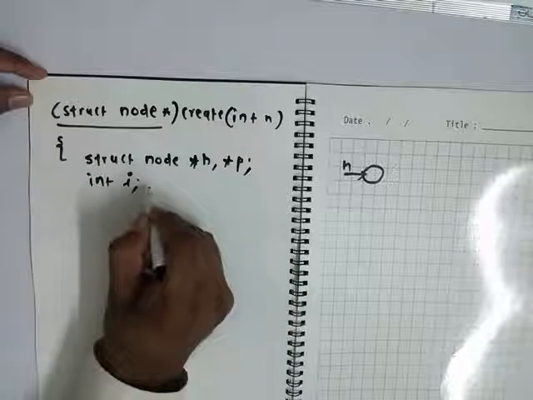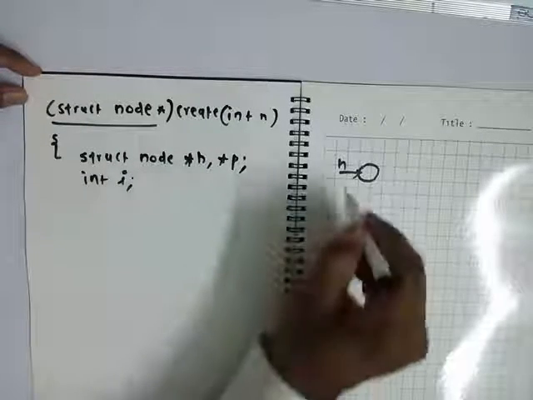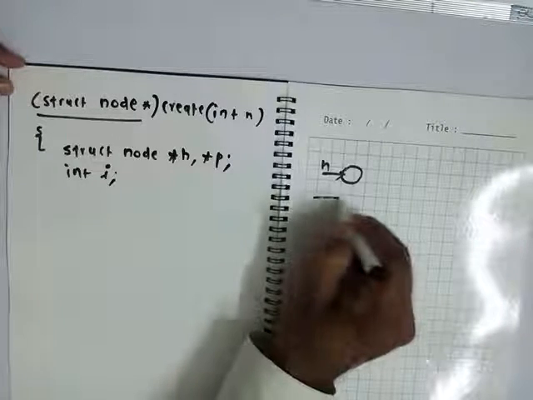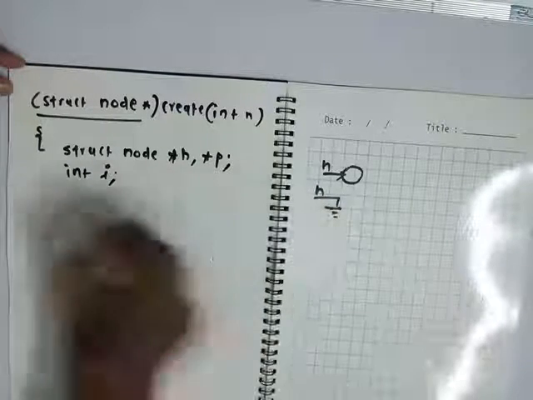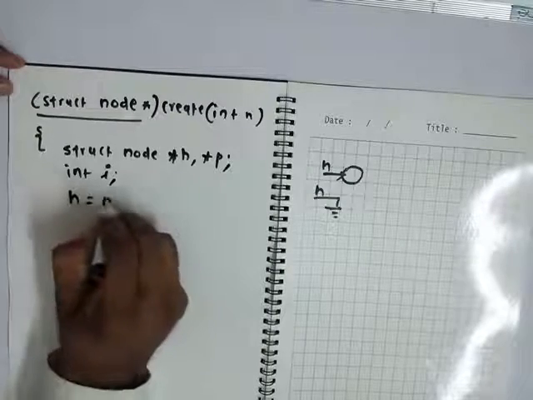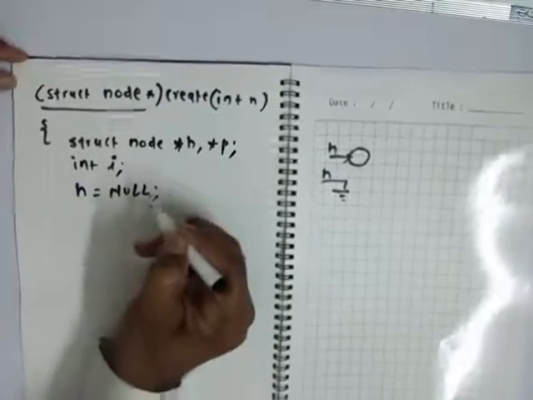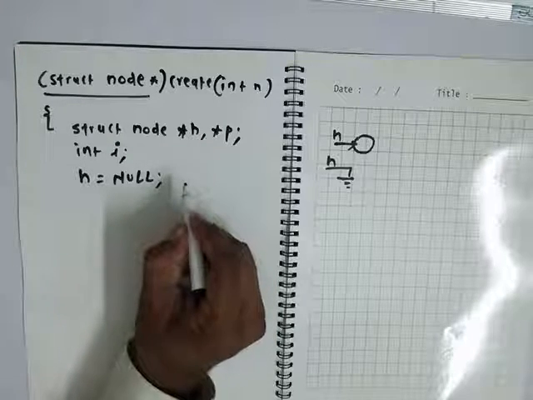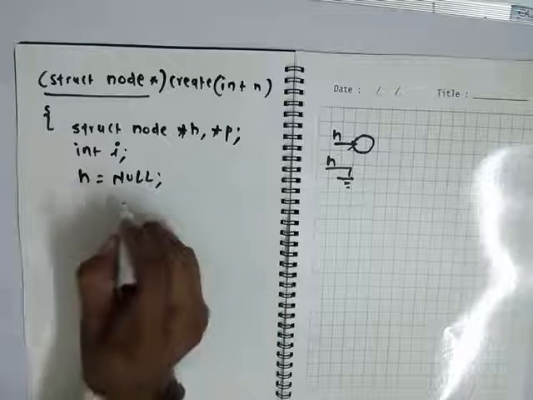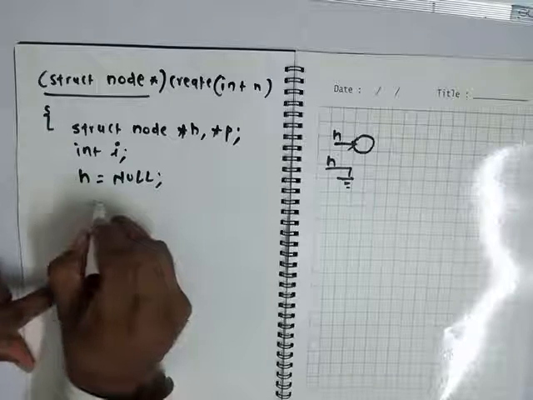I'll declare them later. Initially there is no node in the linked list, so h will be pointing to null. So let me say h is equal to null. Initially there is no node inside the linked list, so h is initialized to null.